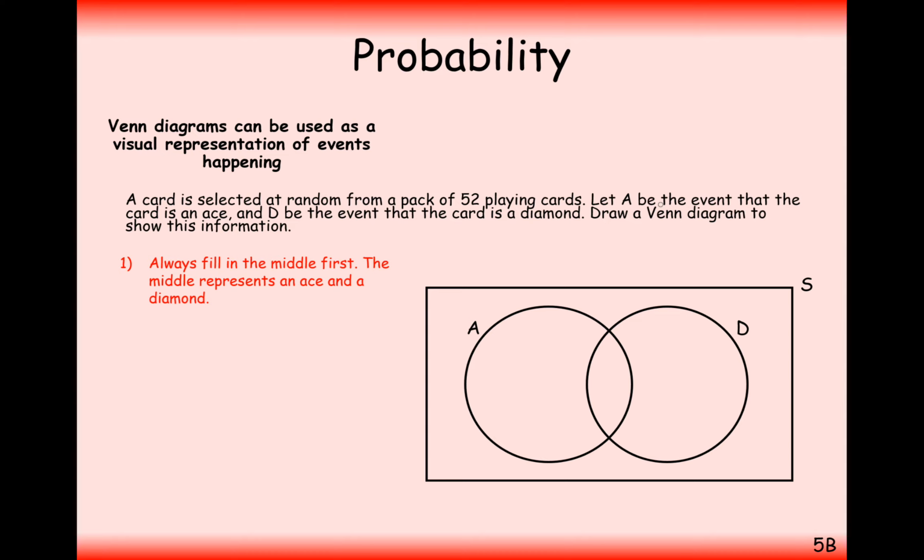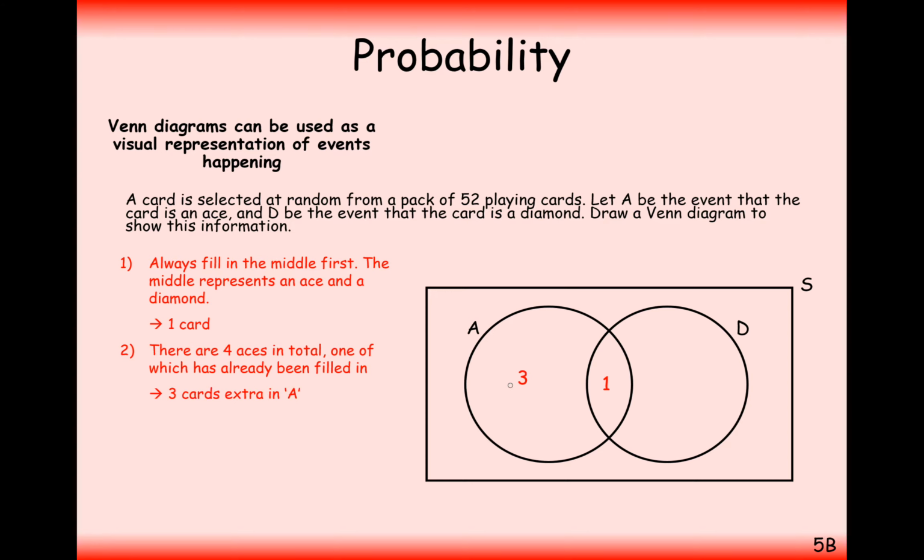Now we think about what we've got left over, and we need to bear in mind that we've already got this one ace of diamonds here within this circle here. Now how many aces are there in total? Well, there are 4 aces, however we already have one ace accounted for on our diagram, so we only need 3 to go in this space here.